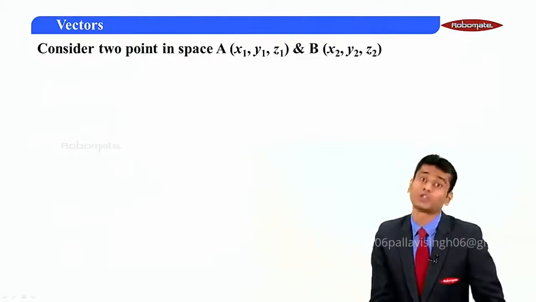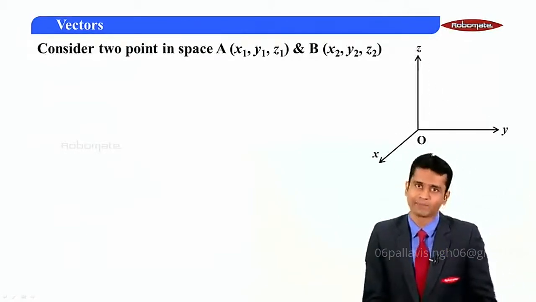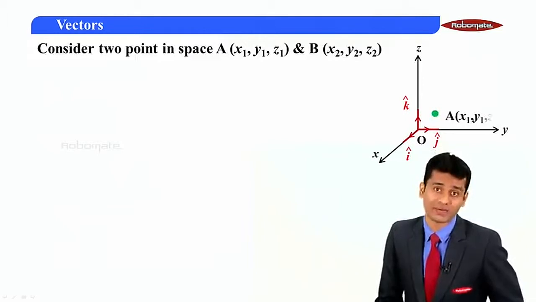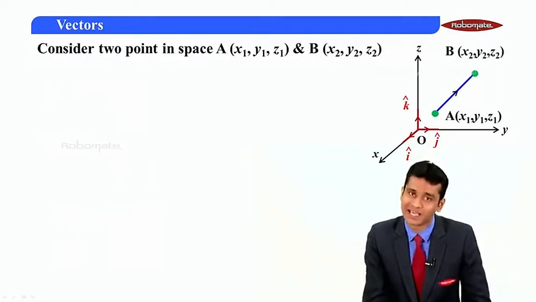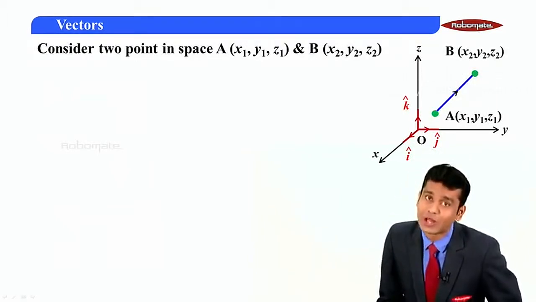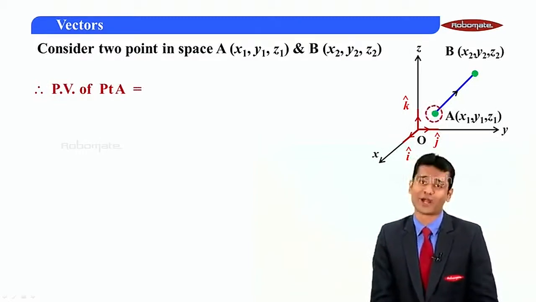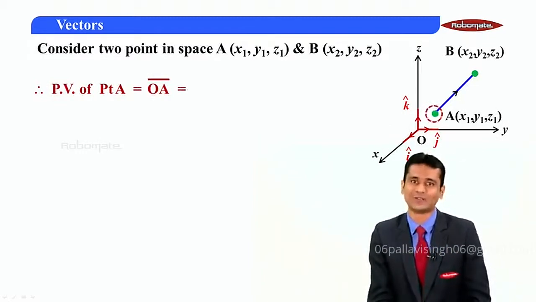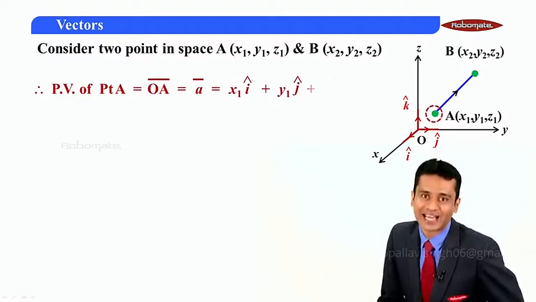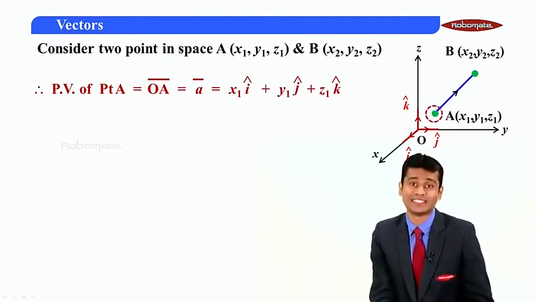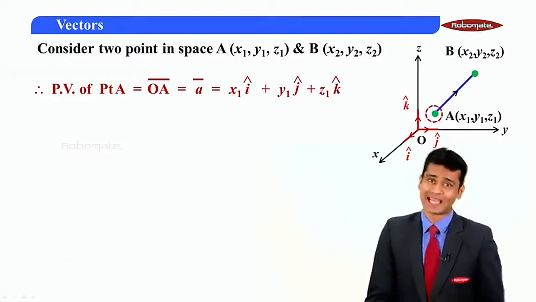Now consider 2 points in the space. First point A having coordinate x1, y1, z1, and another point B with coordinate x2, y2, z2. Now what is the position vector of point A? a bar is equal to nothing but x1 i cap plus y1 j cap plus z1 k cap.